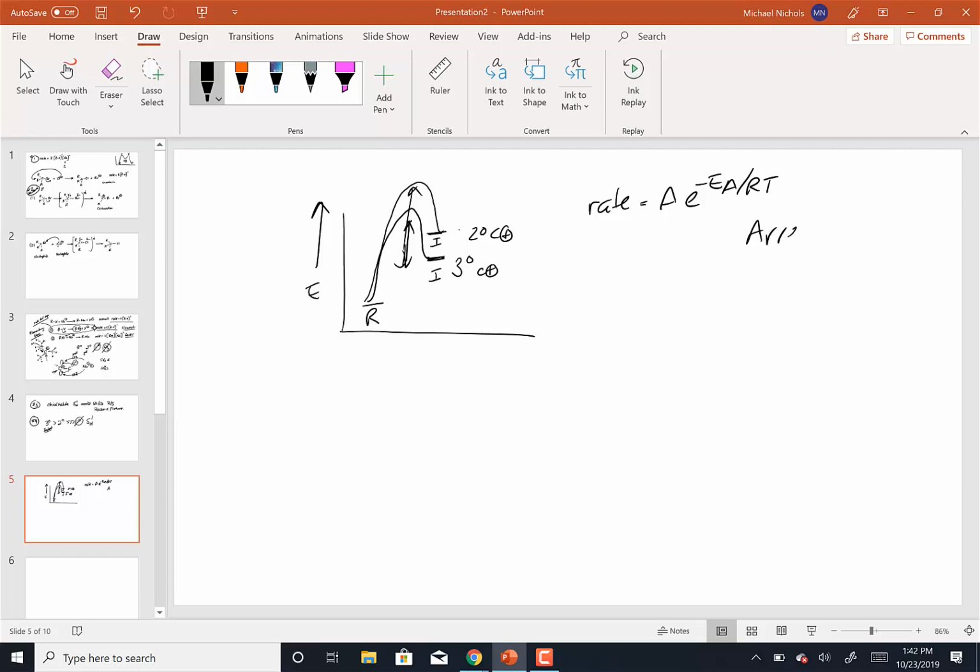That's the Arrhenius equation. The Arrhenius equation is the mathematical relationship between rate, activation energy, and temperature. It's a logarithmic function, but this is where we get our trends. Lower activation energy, faster reaction. Higher temperature, faster reaction. But that's the mathematics of it.